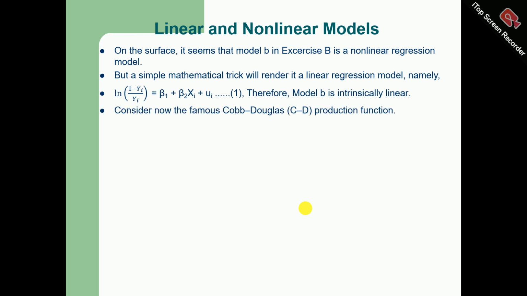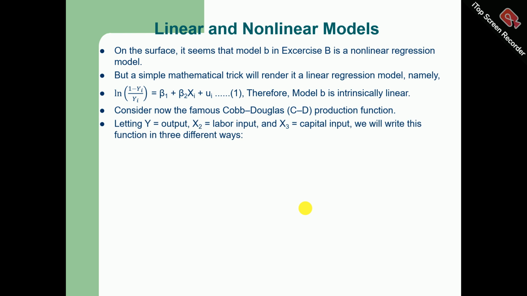Now consider the famous Cobb-Douglas production function, which is given by yi is equal to beta 1 x2i raised to the power beta 2 x3i raised to the power beta 3 e raised to the power ui. In this model, y is the output, x2 is the labor input, x3 is the capital input, and we may rewrite this model in a different way by taking a natural log on both sides.